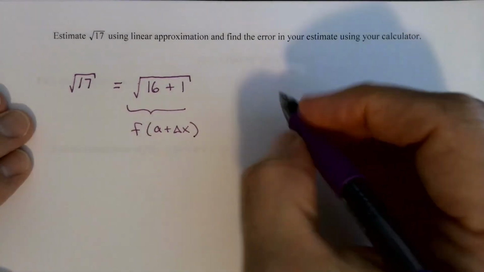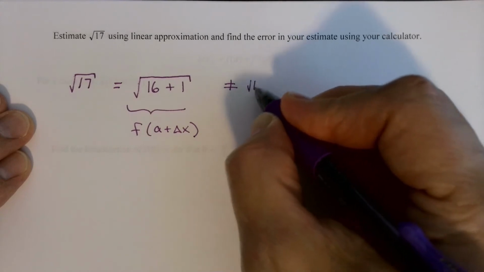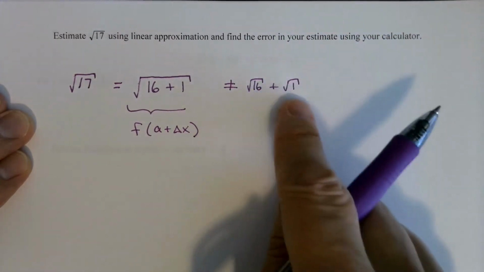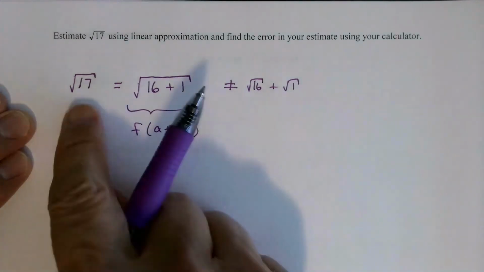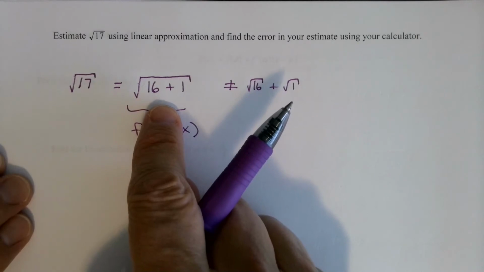Now please note that this is not equal to the square root of 16 plus the square root of 1, which is 4 plus 1, 5. Square root of 17 is not 5. I hope you know that. So I can't do that. I have to leave that like that.